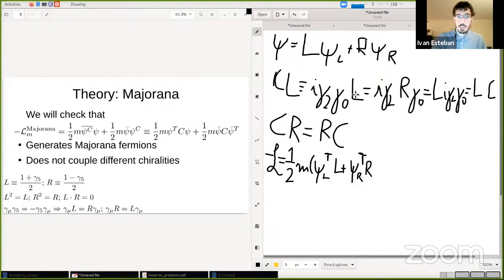Here I just took the transpose of this. And the left-handed and right-handed projectors are their own transpose, simply because the gamma 5 matrix is symmetric.